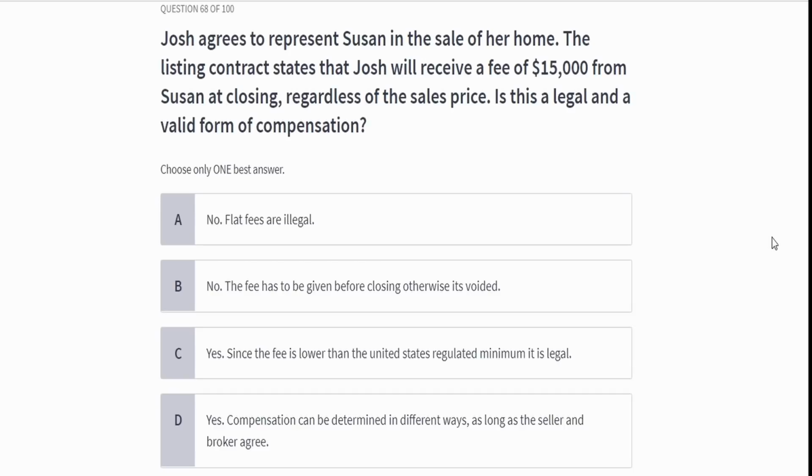So I'm going to give you guys an opportunity to pause here and figure out what is legal in this question about Josh and Susan.